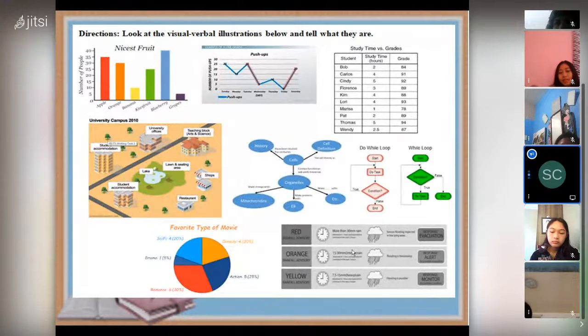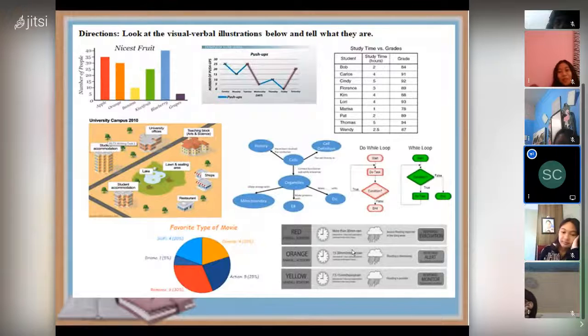How about the one with red, orange, yellow? What do you call that? Weather forecast, sir? Weather forecast?